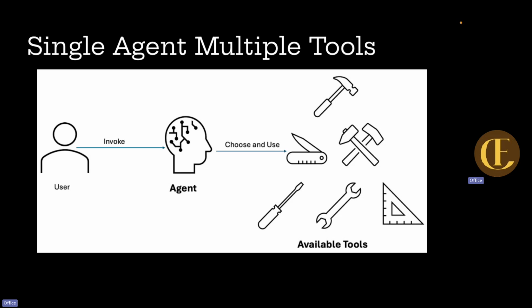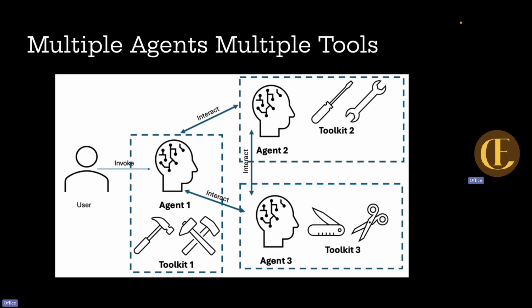Multiple agents, multiple tools. Very simple. This is where, like I believe Sumita asked, agents are talking with each other. And what kind of an agent would this be? It's a planner agent. The reason I put these in is that these are what I could find in PowerPoint to create these images. There's a hammer over here, scissors over there, so different types of tools. The idea is that you do not need to have a universal set of tools available for all of your agents in your single workflow.